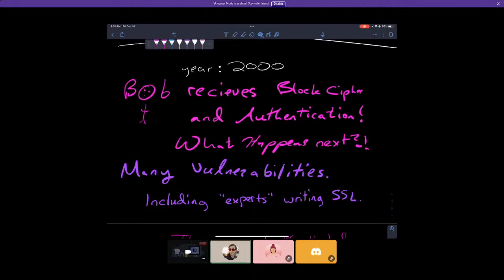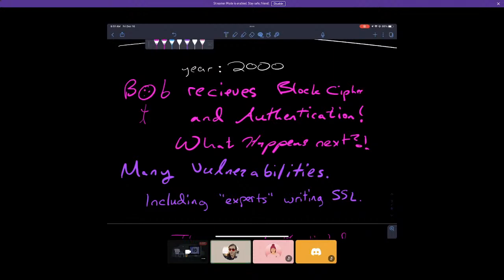So block ciphers kind of get some attention because even the supposed cryptography engineering experts were struggling to glue together the primitive of MAC, message authentication, and block ciphers.